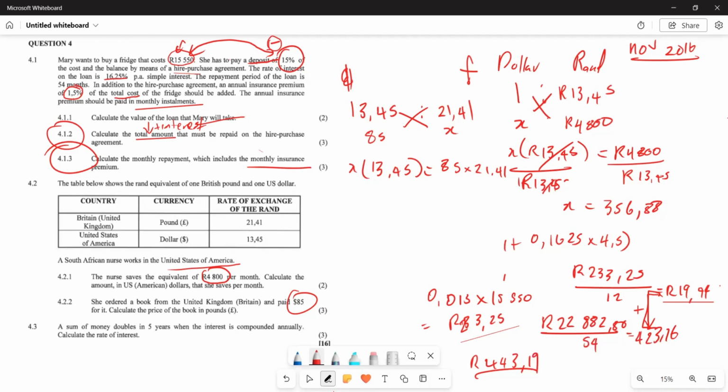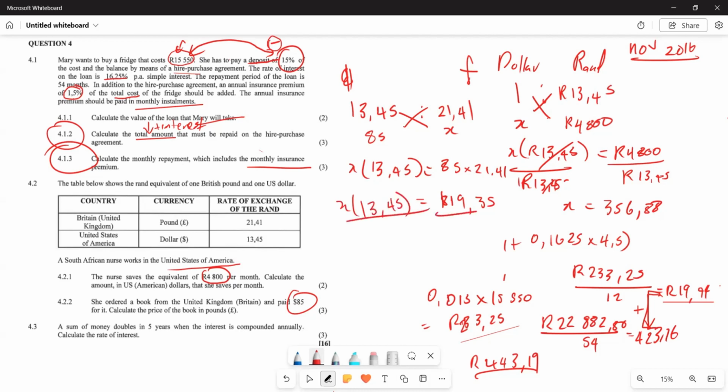And when you do so, let's see, we're going to say now 85 multiplied by 21.41, and the answer that you're getting is going to be, let's see, 1819.35, which is going to be then this x, which is into 13.45.